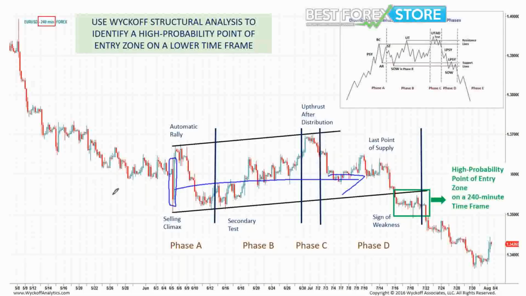Well, first of all, we're thinking that currently we are in phase A, in the automatic rally. Therefore, at some point, we're going to have a reversal to the downside, and we're going to retest a climactic action low.